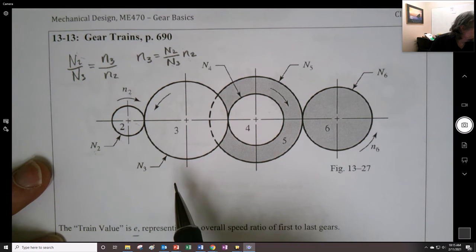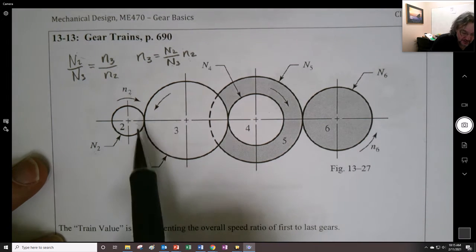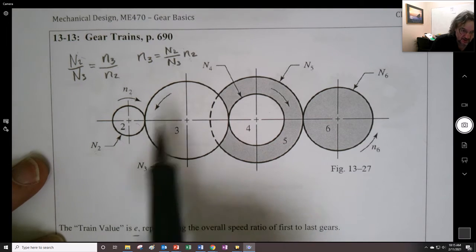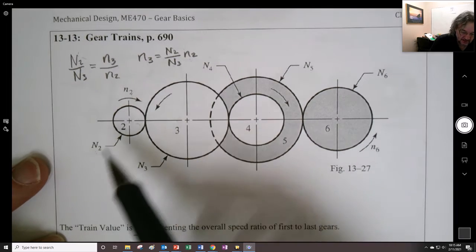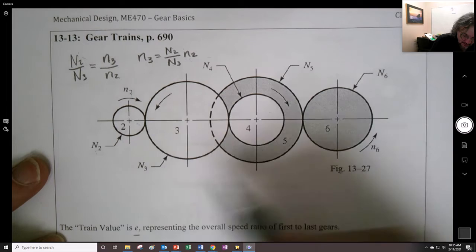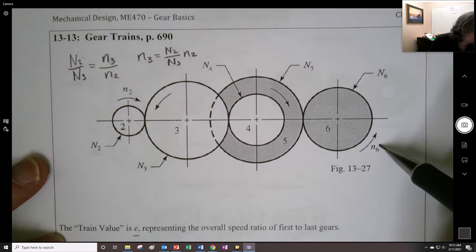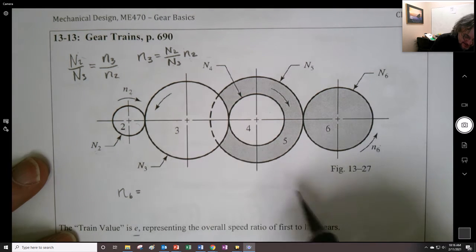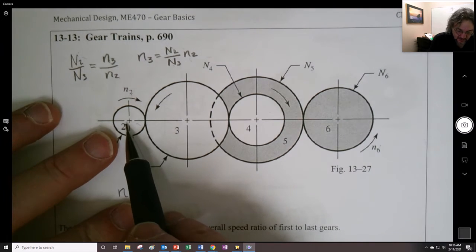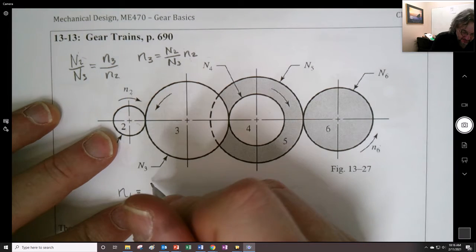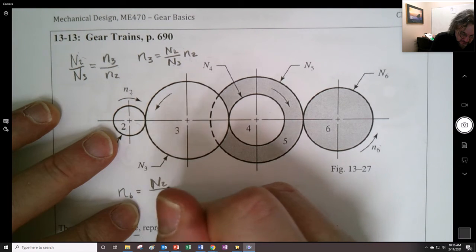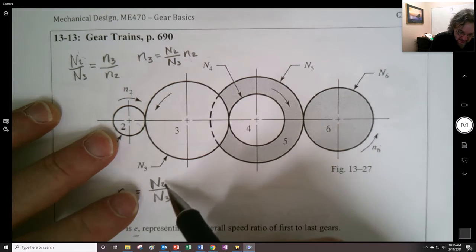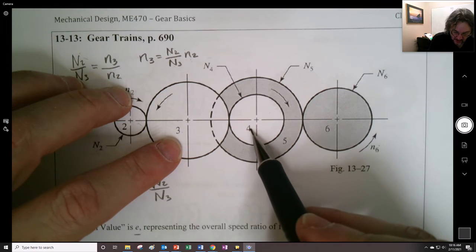So if you take a look at this train, and you follow this same logic, we would say we want to have n6 as the last one. And so how do we get to n6? Well, what we do is we take N2 divided by N3 times N3 divided by N4.